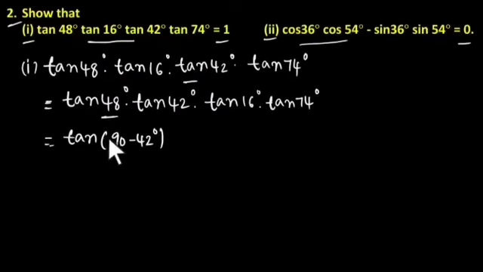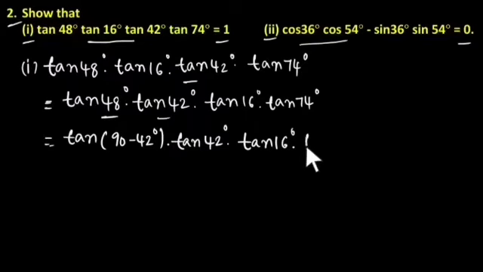So there will be no problem in writing tan 48 as tan of 90 minus 42 into, keep tan 42 like that, into tan 16. Write tan 16 as it is, into, next we have tan 74. So tan, in place of 74, I am going to write 90 minus 16. 90 minus 16 is 74, so we can write that.